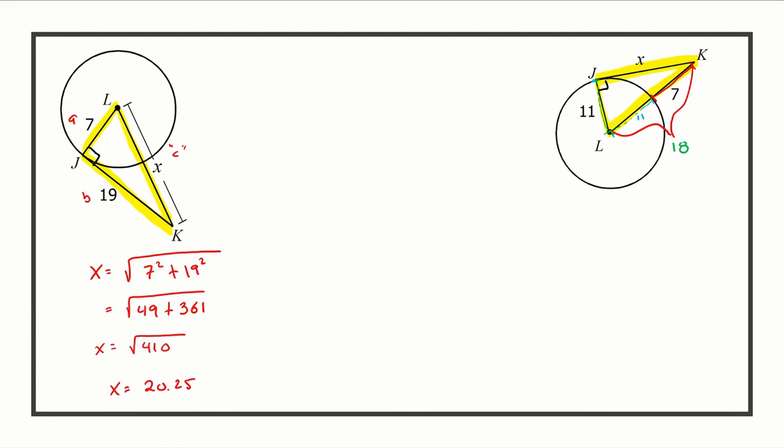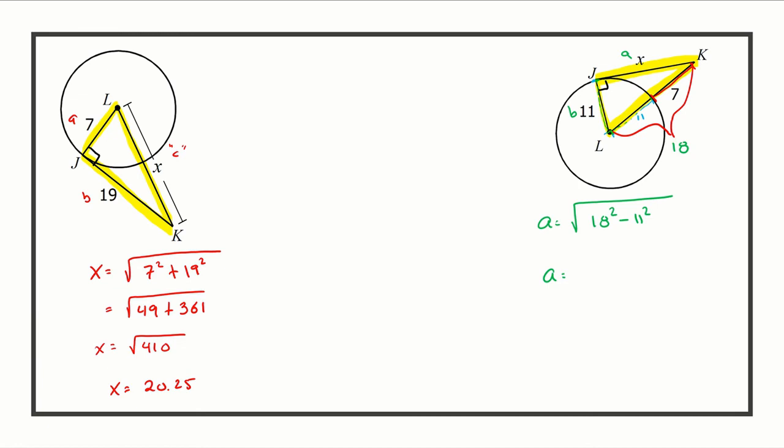Okay, and so now we have everything that we need to solve for our missing side, which we'll call A. And so here we're looking for A, so we're going to do the square root of 18 squared minus 11 squared, and we're going to simplify each time.